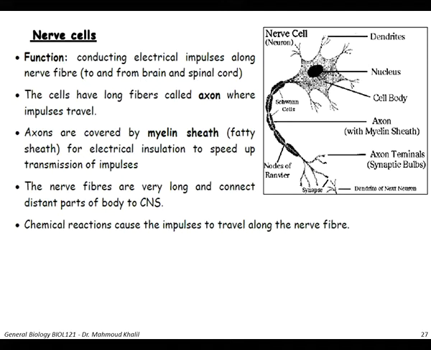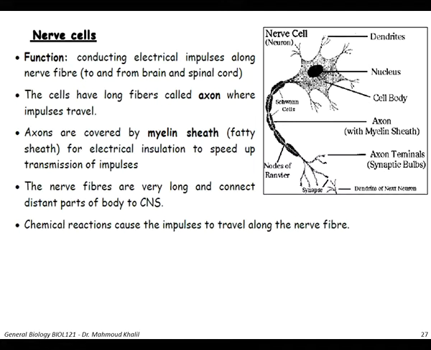The other type of specialized cell in our body is the nerve cell, which functions in conducting electrical impulses along the nerve fibers, and has a long fiber called the axon where the impulses travel. This axon is surrounded and covered by the myelin sheath. Actually, it's the fatty layer that insulates the nerve for the propagation or transmission of the impulses.